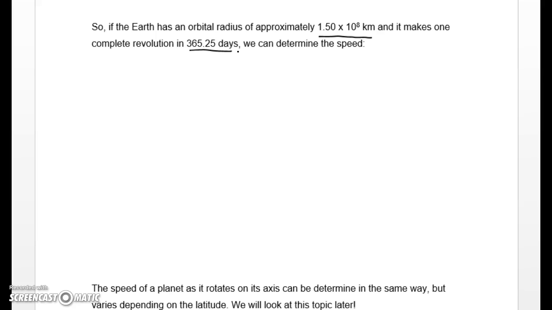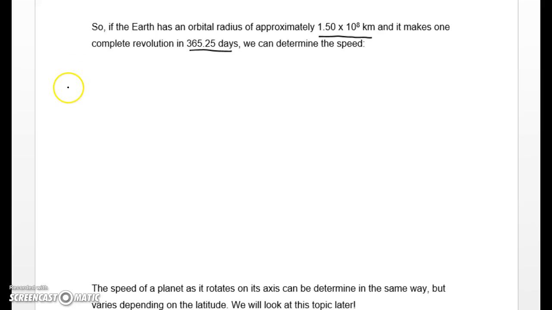It's been a little while since we've done some of those conversions. Meters per second is a very common unit in physics, and most of your questions are going to work with meters per second. But I will show you kilometers per hour, especially because we're working with big units. For those kinds of big questions, you will typically want to work with kilometers per hour. We'll go through each of those steps.